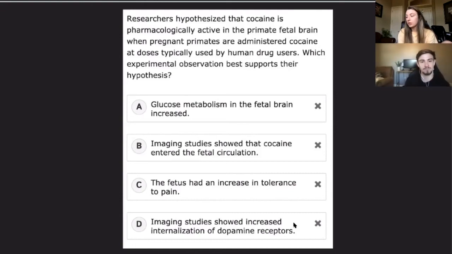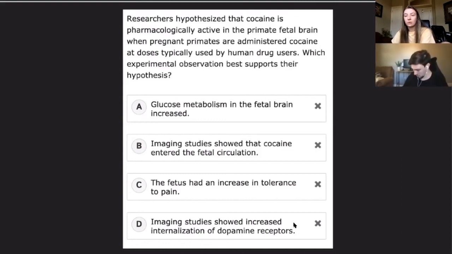Especially because after repeated drug use, our brains do upregulate receptors. But I'm only given evidence that we've administered cocaine like once to these primates, or not for a long period of time, so these fetuses would not have developed upregulation or a tolerance or a withdrawal effect.